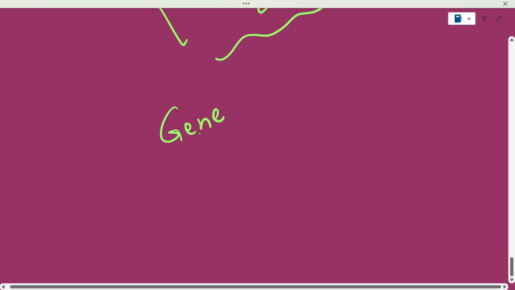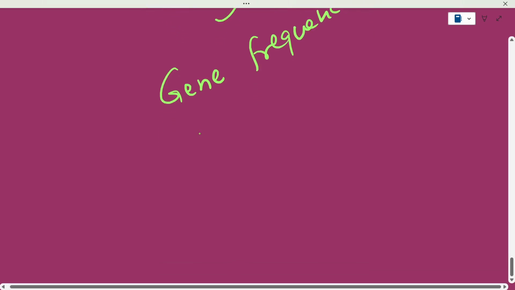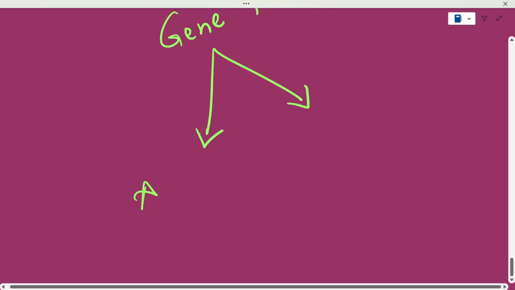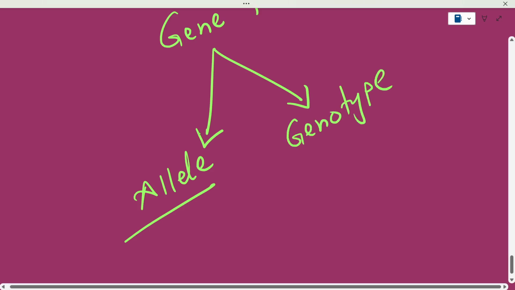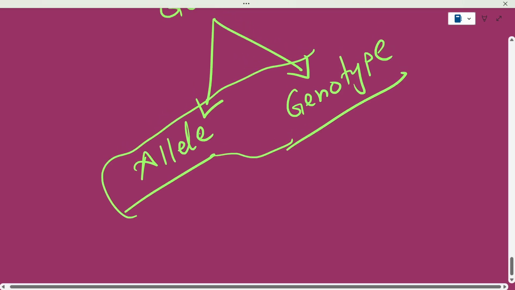When I talk about gene frequencies, not only I, but population genetics, when it talks about gene frequency, it is simultaneously talking about both allele frequency and genotype frequency. So let's have a basic background look at what these frequencies are.